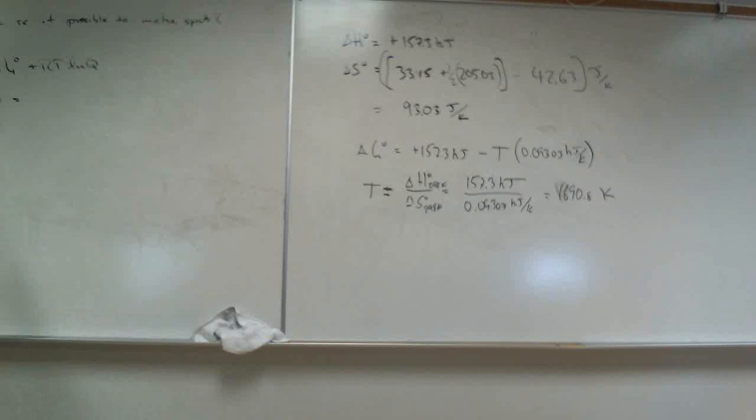Right? And so we set delta G equal to 0, which is equal to delta G naught plus RT ln Q. But when we're at delta G equals 0, we're at equilibrium.